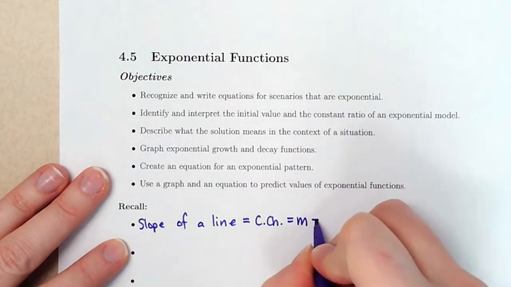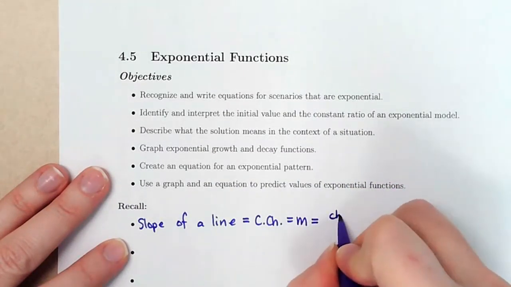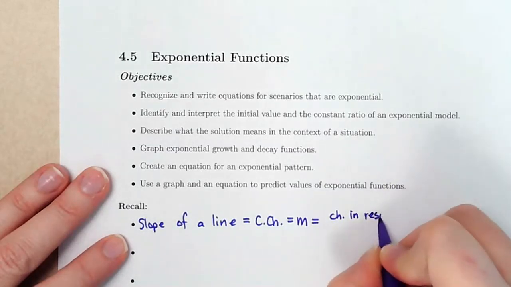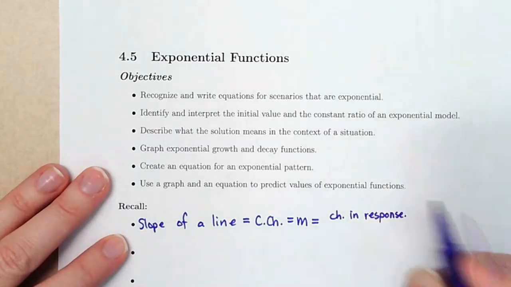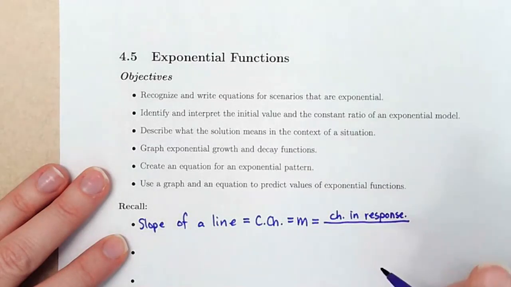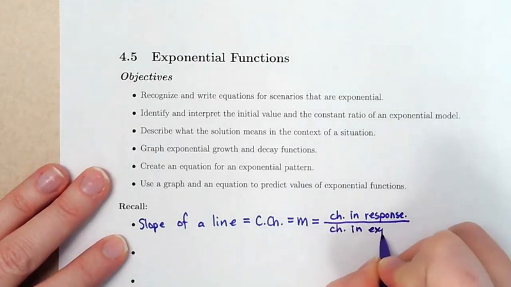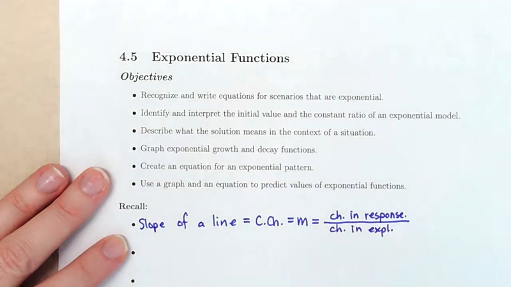It was also called M. It was the ratio of change in response to the change in the explanatory, I will shorthand that.